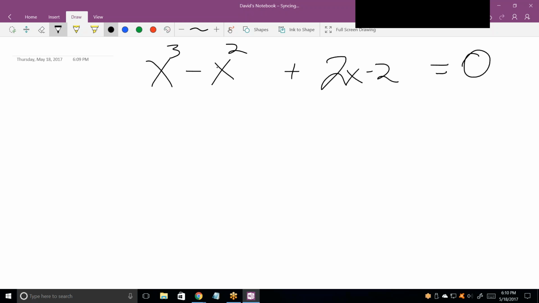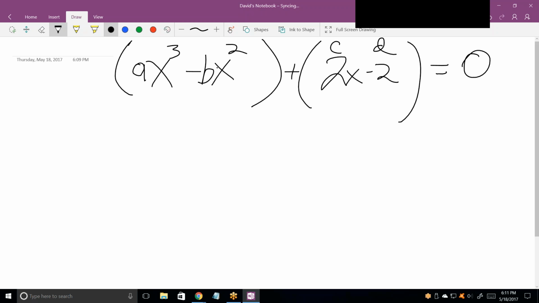And the type of cubic that I'm talking about that can be solved without too much difficulty is where the ratio of that coefficient, let's call that A, call that B, call this one C, and call that one D. If A over B equals C over D, then there's an easy way to solve this.